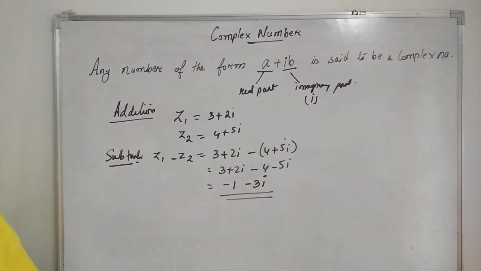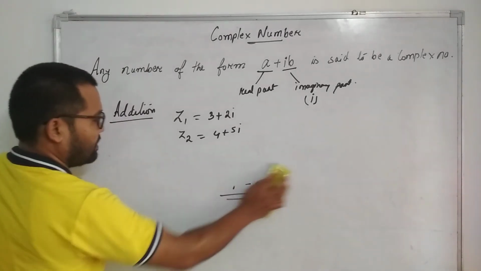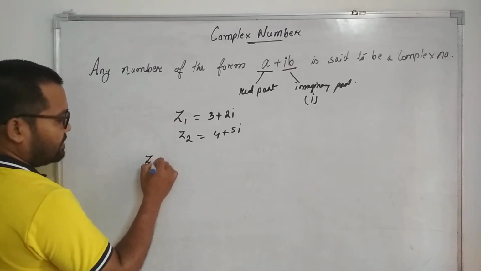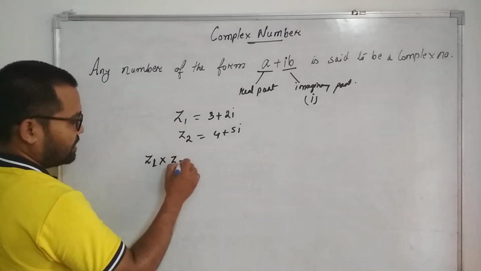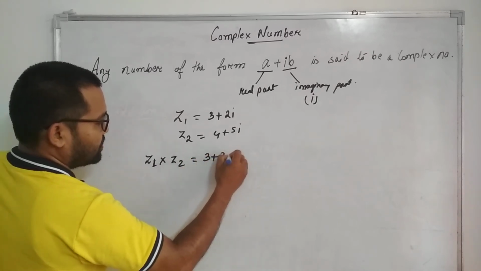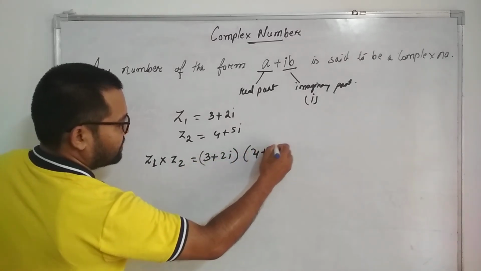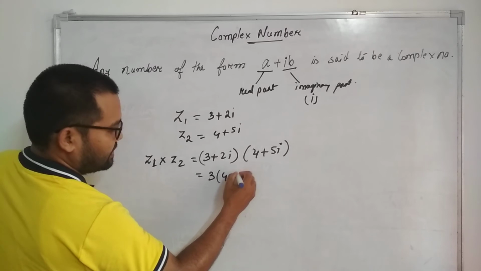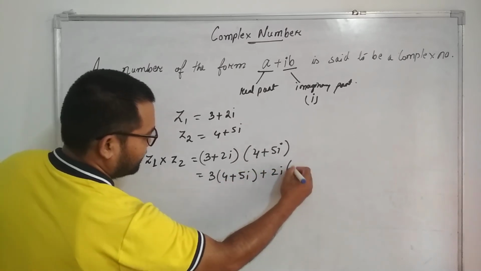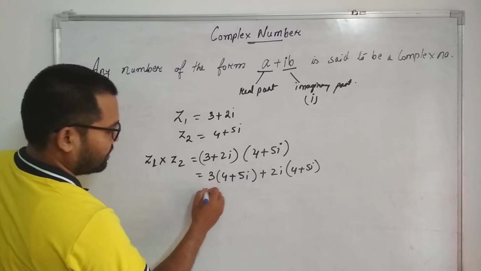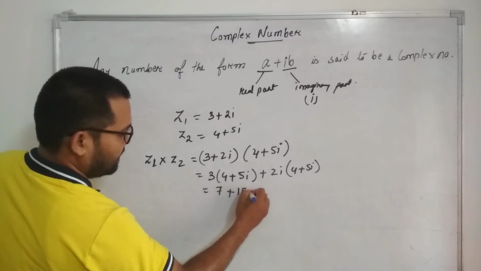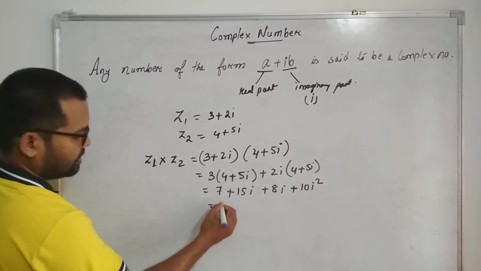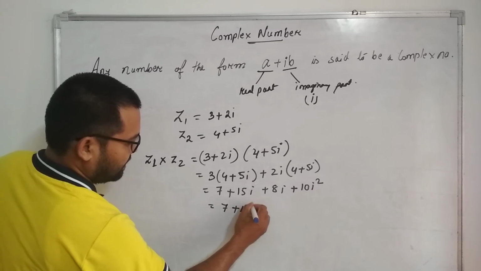Now, we will go for multiplication of complex numbers. Let's say these are the two numbers we have. z1 into z2 is (3 plus 2i) into (4 plus 5i). 3 times 4, and 3 times 5i, like that we multiply with the other values: 12 plus 15i plus 8i plus 10i square.